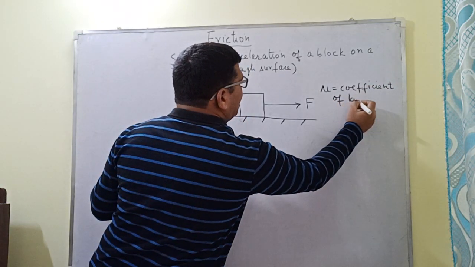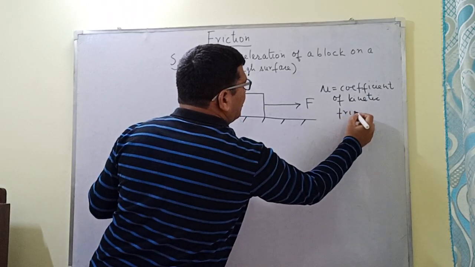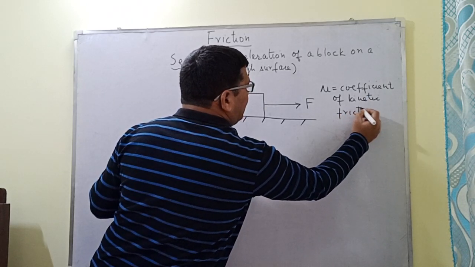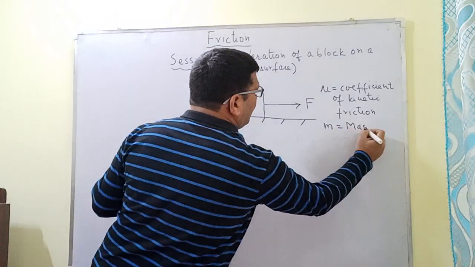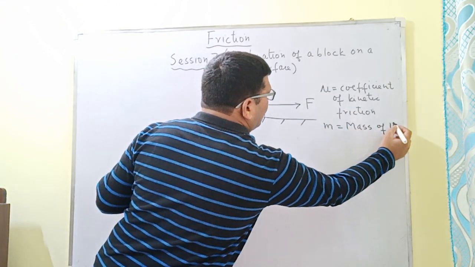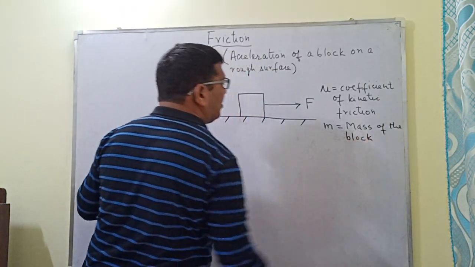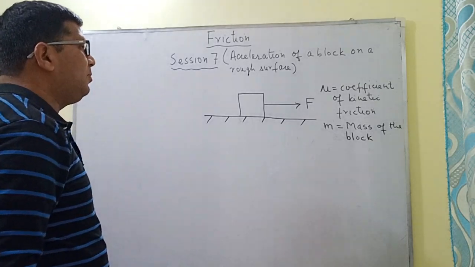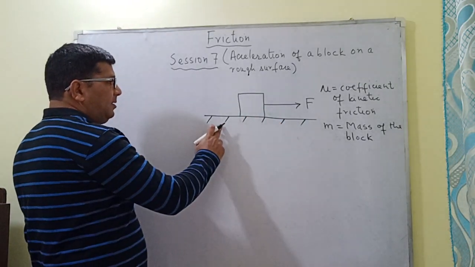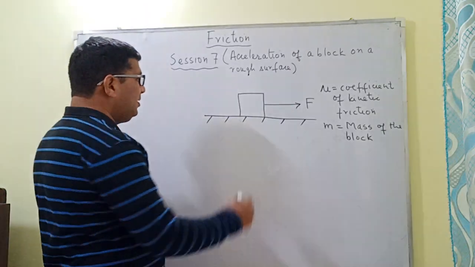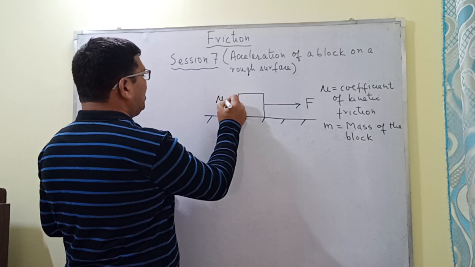Coefficient of kinetic friction is mu. Second, the mass of this block is m. m is the mass of the block, mu is the coefficient of kinetic friction between this block and this horizontal surface.